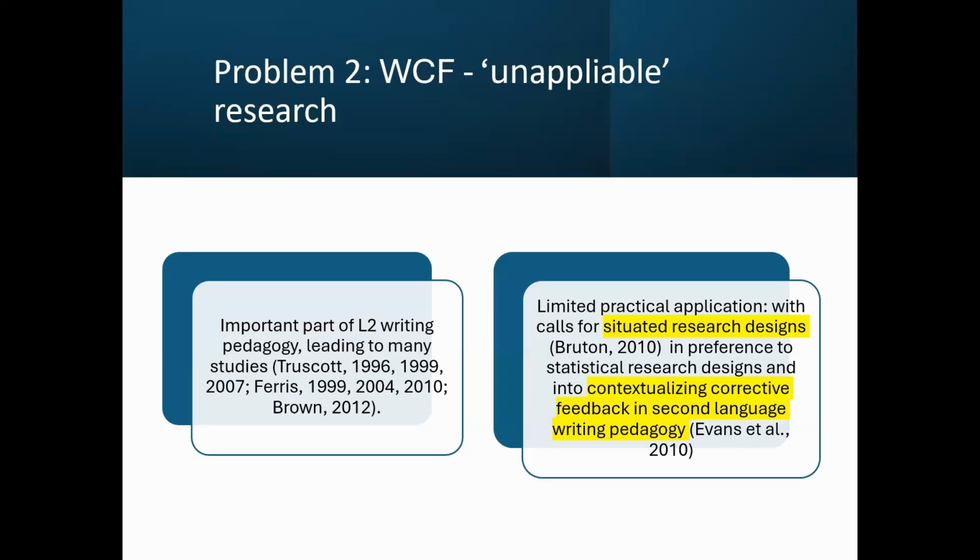So the trouble with the dichotomy of choosing one side of the debate or the other, picking a side and justifying it, while it's quite an interesting and engaging academic exercise, it doesn't help teachers give effective feedback. And so these calls for more situated and contextualized studies sounded like a good idea and was the approach I took.